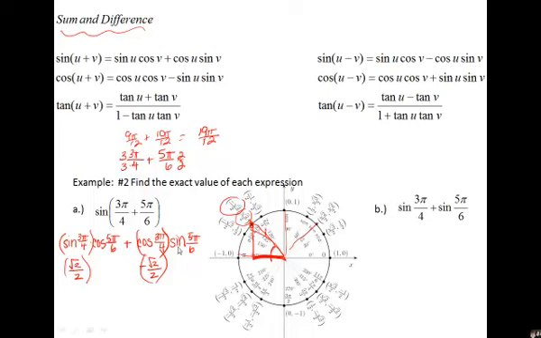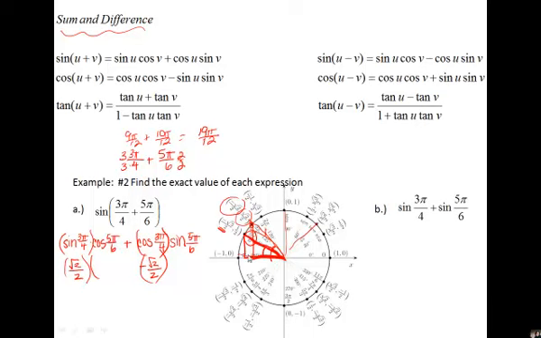We're just evaluating this one piece at a time. So I'm going to now go ahead and plug in what is cosine of 5 pi over 6. Well, let's locate 5 pi over 6 on the unit circle. That's this special 30, 60, 90 triangle. So here is that 30-degree reference angle, and the cosine of this would be the x value.